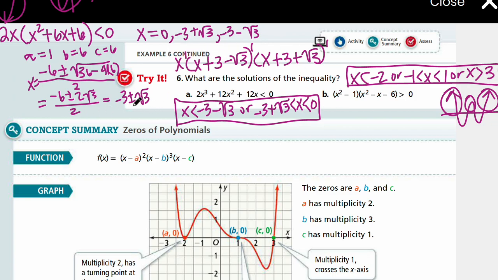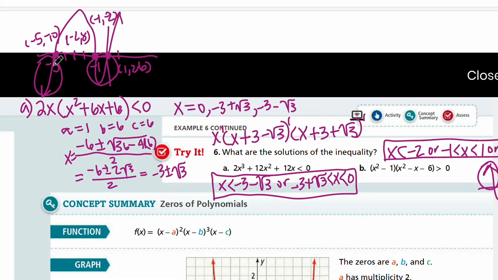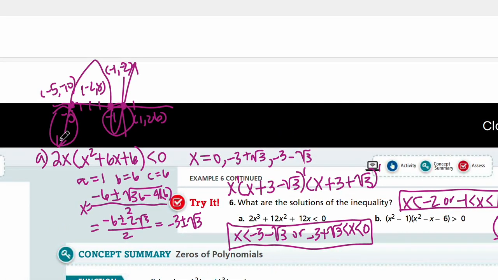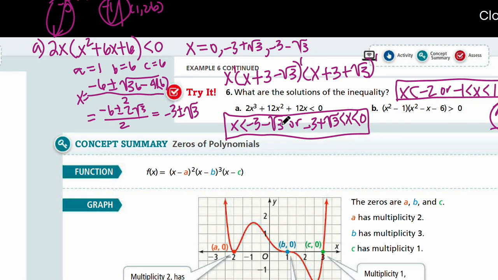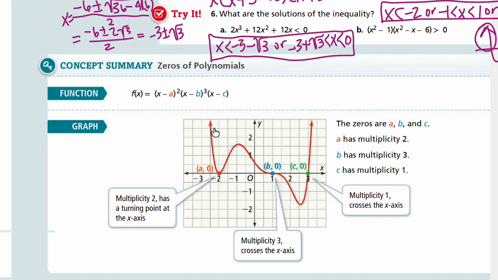So if we check the first interval, this is negative, so then that's going to be positive, that's going to be negative, that's going to be positive, right? So if the factors have multiplicity, then you know if there's going to be a turning point on the x-axis, or if it's going to just cross the x-axis. All right, good.